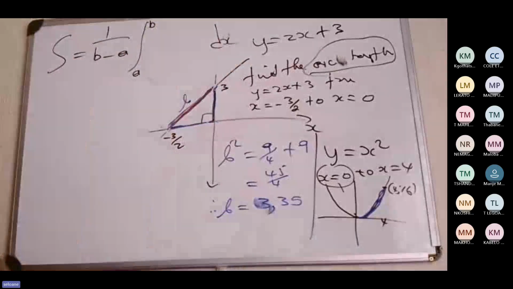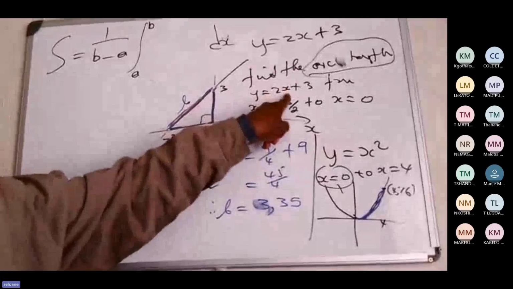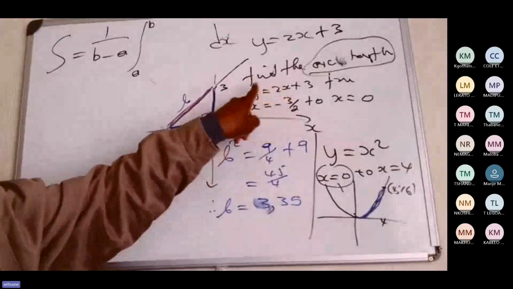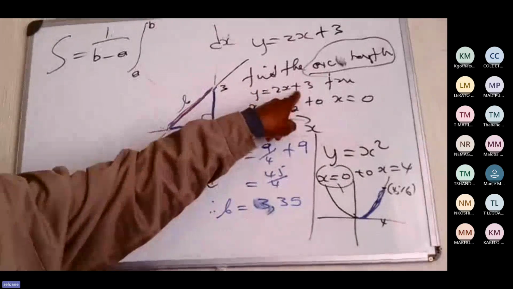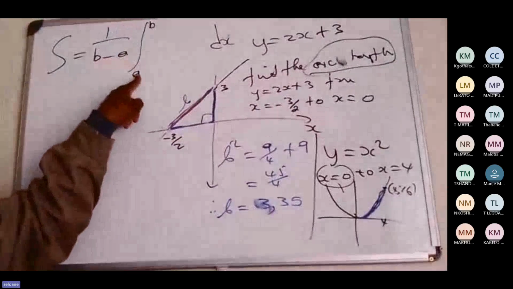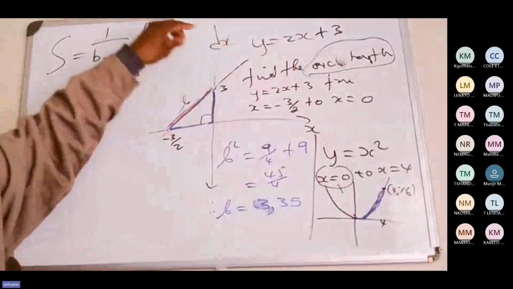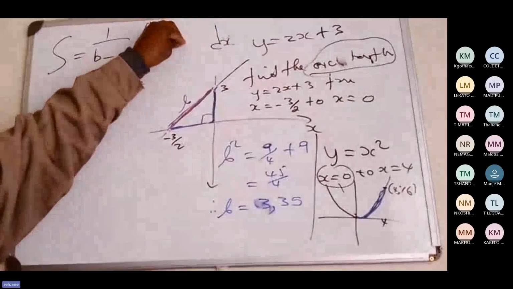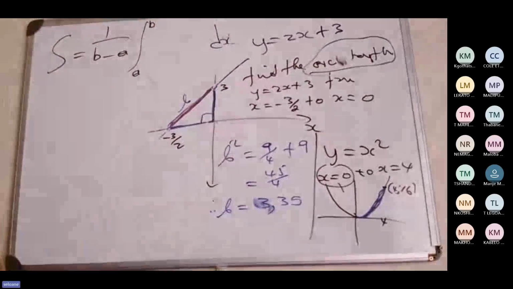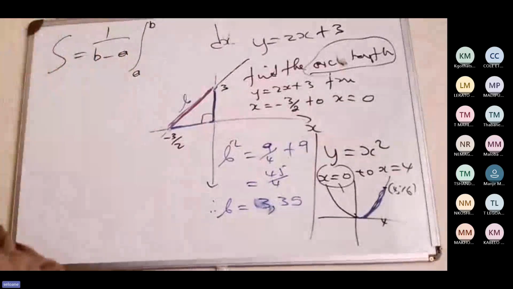If your function is given as x in terms of y, then this will be y, this will be y, this will be y, this will be dy, and the integrand will be in terms of y. So now here, what is this?